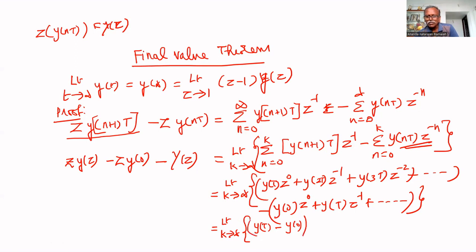You can combine these two terms, plus y of 2t minus y of t, z power minus 1, plus etc., plus y of (k plus 1)t minus y of kt.